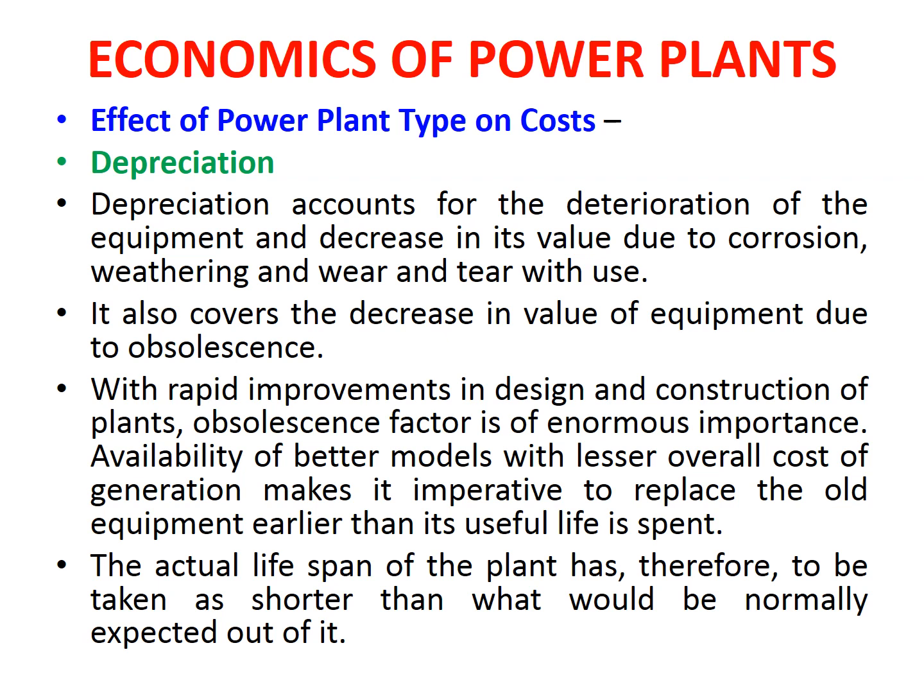It also covers the decrease in value of equipment due to obsolescence. With rapid improvements in design and construction of plants, the obsolescence factor is of enormous importance. Availability of better models with lesser overall cost of generation makes it imperative to replace the old equipment earlier than its useful life is spent.